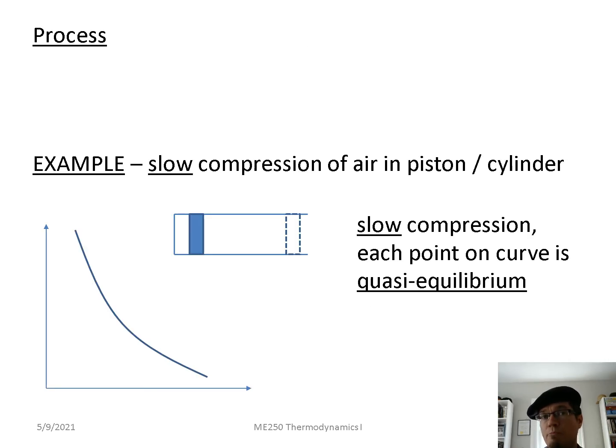So we've talked about the properties of a system and how the system has to be internally in equilibrium for the property to be constant, uniform, defined across the entire system. And we call those state variables because they define the state of the system through the state postulate.